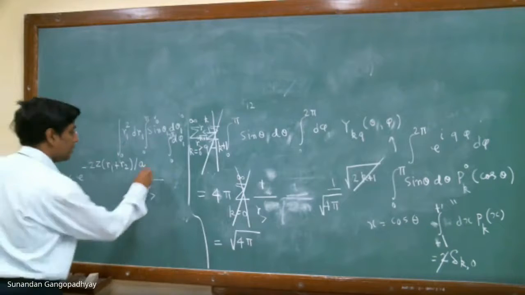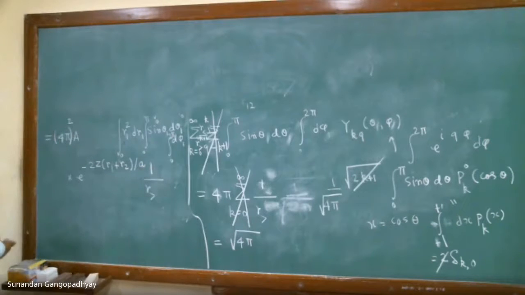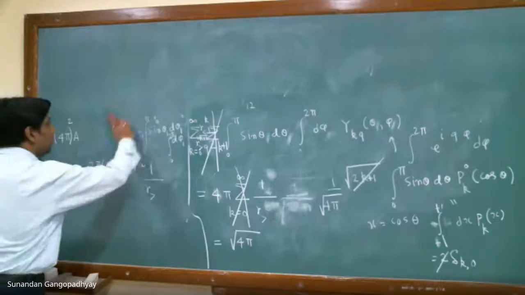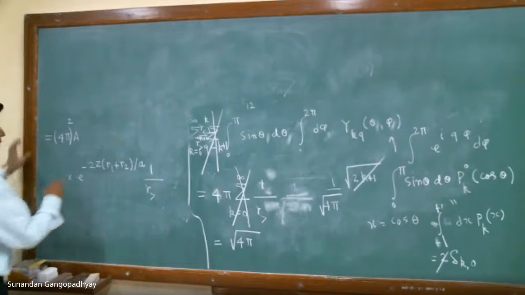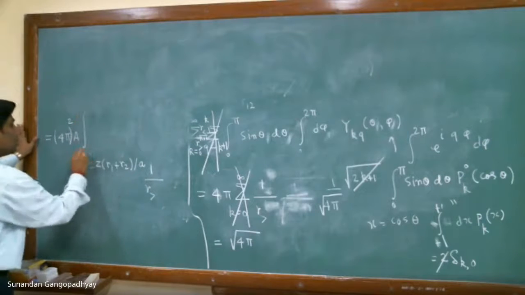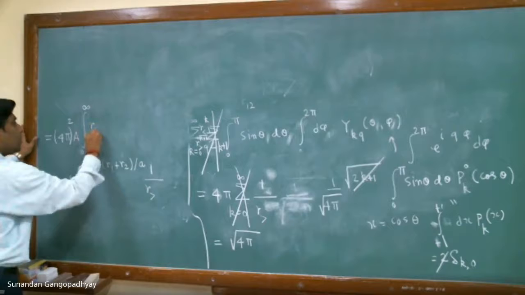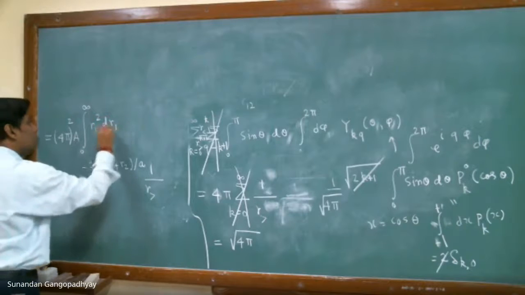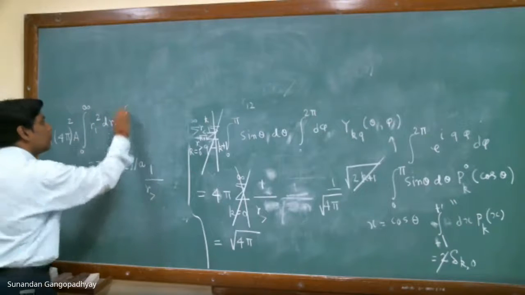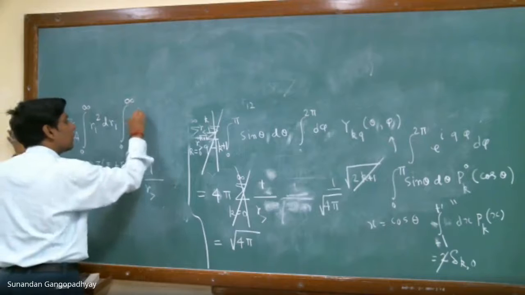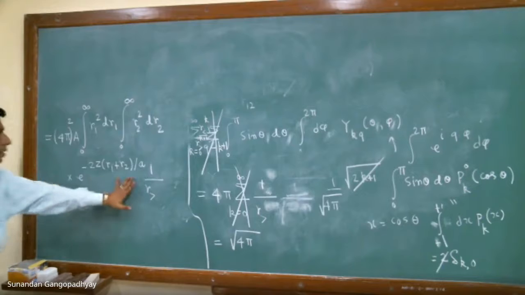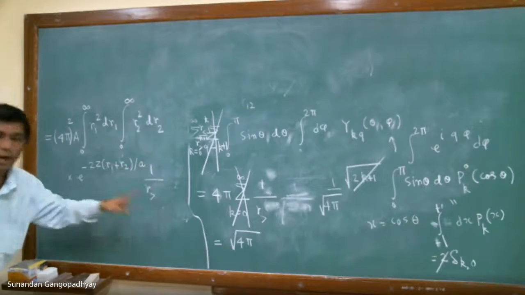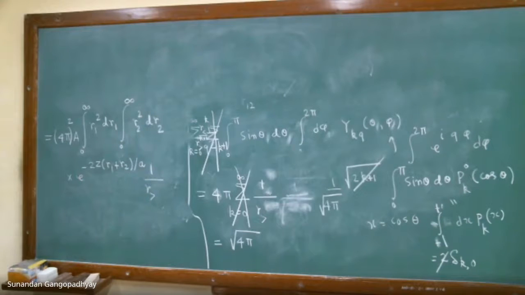So you have a very simplified kind of integral. What you have is the following. Let me write it clearly. So this is integral 0 to infinity r1 square dr1, integral 0 to infinity r2 square dr2, times this thing times 1 by r greater, and everything is gone.